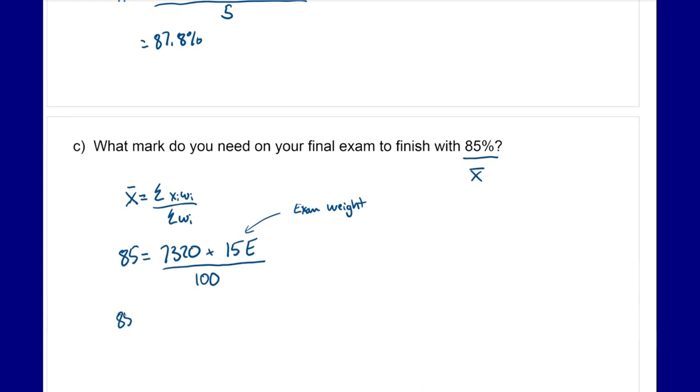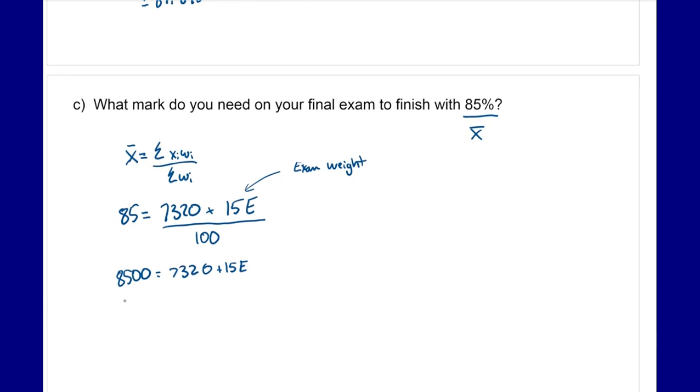We have 8,500 equals 7,320 plus 15e. Move the 7,320 over by subtraction, and we're going to end up dividing by 15 to get e.